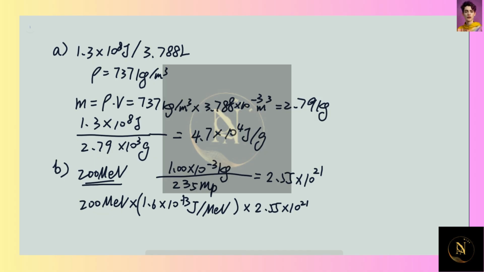So this is the number of nuclei in each gram, so we already have the gram in the denominator. And so this is per gram. So finally, we get this number of 8.2 times 10 to the 10th joule per gram of energy produced by mass.